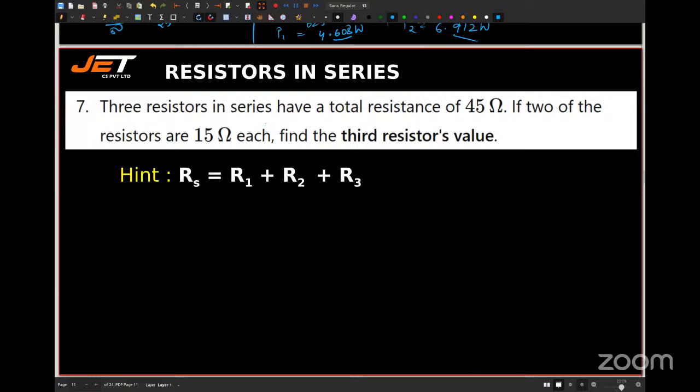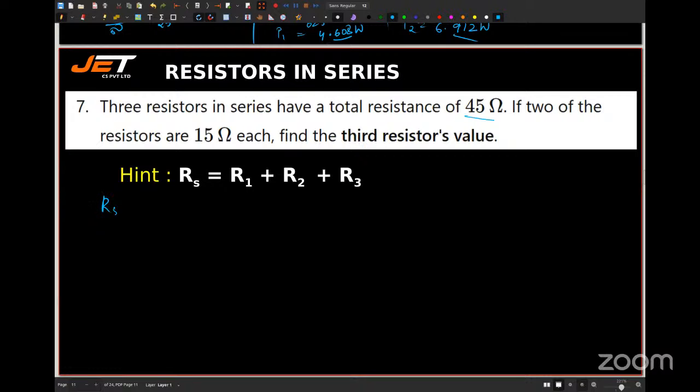Three resistors in series have total resistance of 45 ohms. If two of the resistors are 15 ohms each, find the third resistor's value. It is pretty simple. So what do you do here?